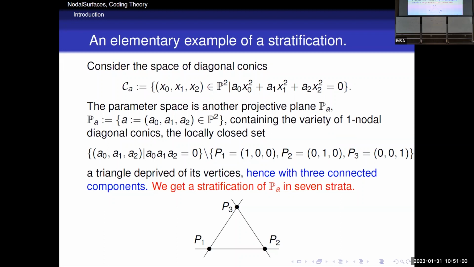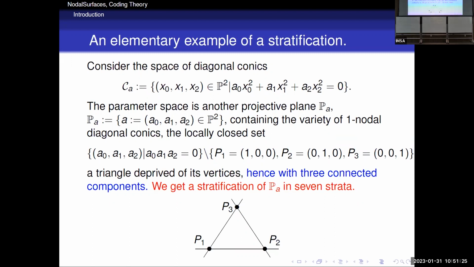And so you have 3 lines, but for the coordinate points P1, P2, and P3, you get double lines. So this is somehow a picture. We understand conics. With a simple picture, we can also explain it to students. And we would like to have a similar picture in general.